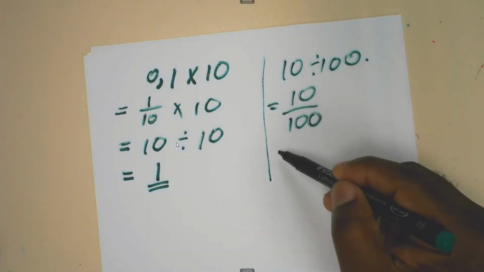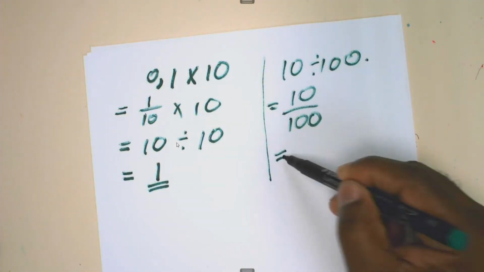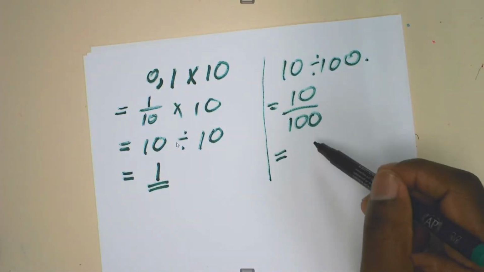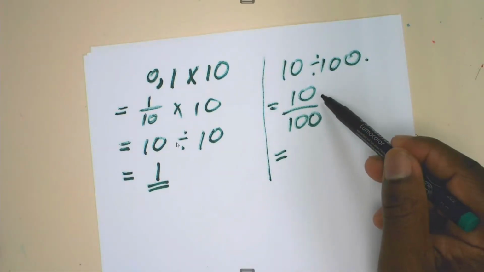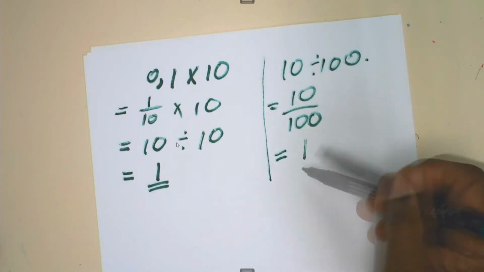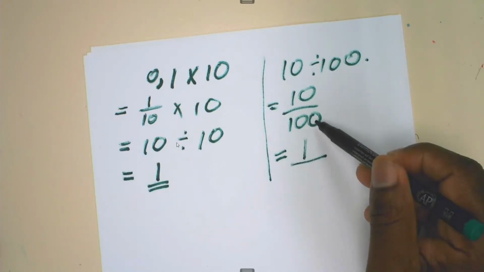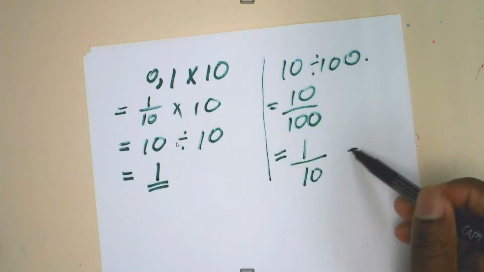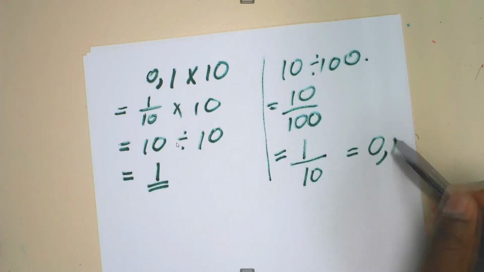It means when we simplify, remember Mr. Ratsiu taught you about the simplification, that when we simplify 10 divided by 10, it will be 1, and then 10 divided by this 100, it will be 10, hence we are having 0,1.